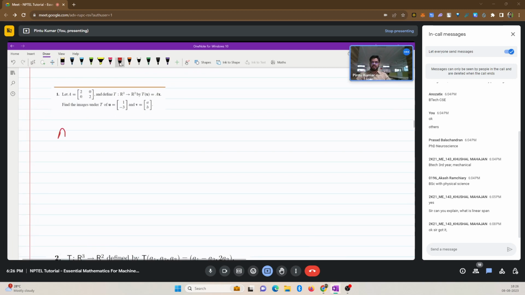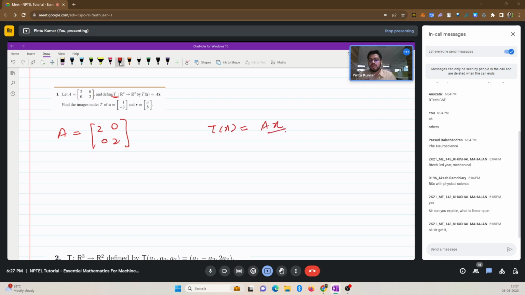Let's say you have some matrix A where you have this kind of entry, and somebody is saying that this A corresponds to some linear transformation T. Now T of x would be defined as A multiplied with x.